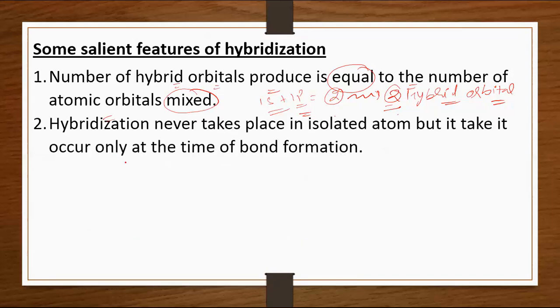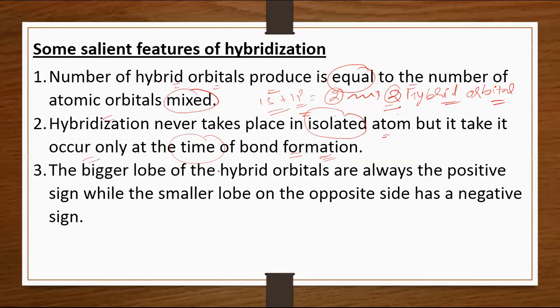Hybridization never takes place in an isolated atom, but occurs only at the time of bond formation. It does not take place when the atom is present in its isolated state.